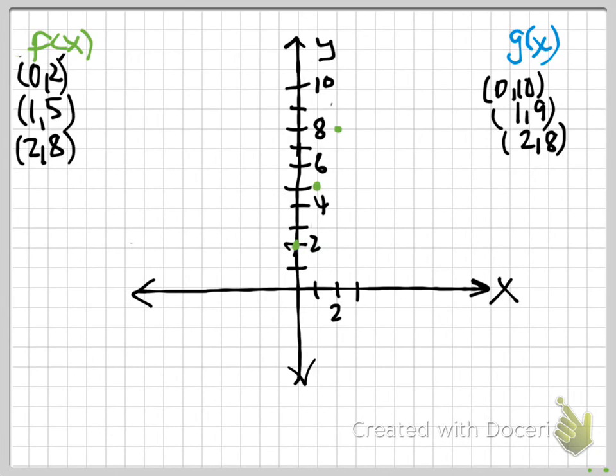And if I graph that, that's what I get. And if we go for g of x, we have 0, 10, 1, 9, and 2, 8.